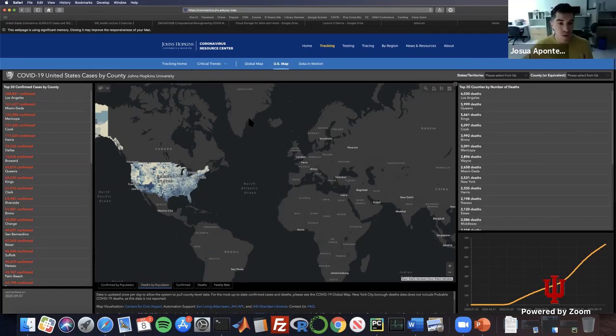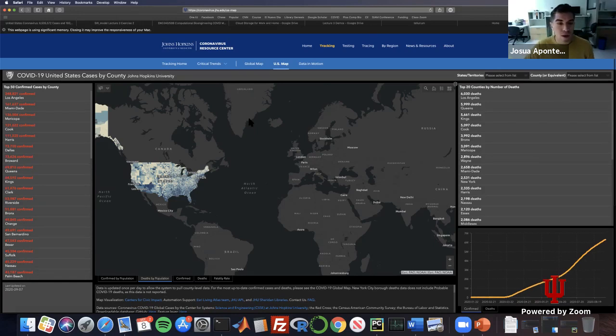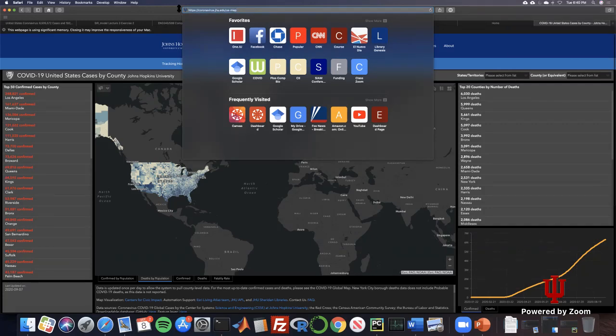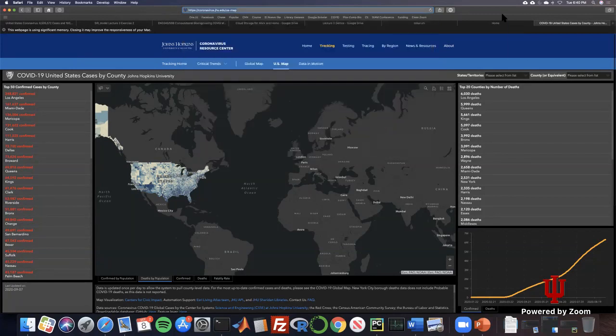So what are we showing? What we're showing here is a resource from Johns Hopkins University. They have a repository where they are keeping track of infections around the globe, just like other places are.